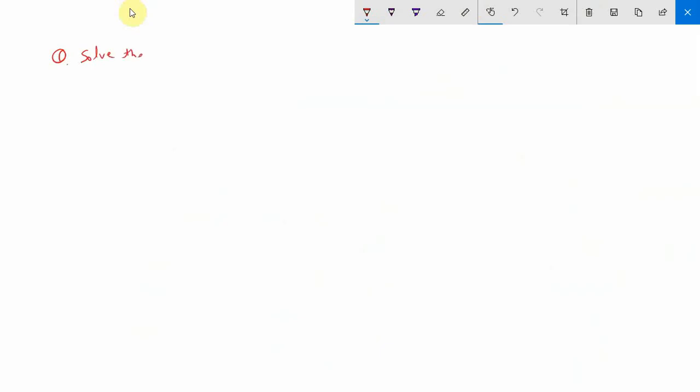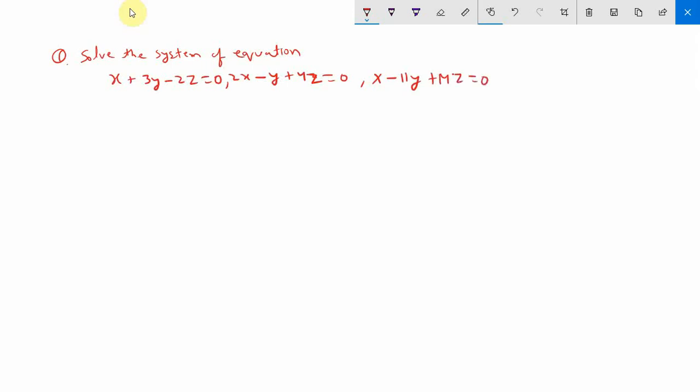Solve the system of equations given by x plus 3y minus 2z is equal to 0, 2x minus y plus 4z equal to 0, and third is x minus 11y plus 14z is equal to 0.